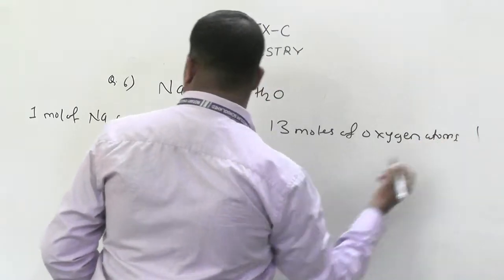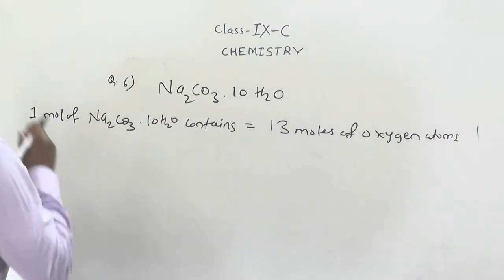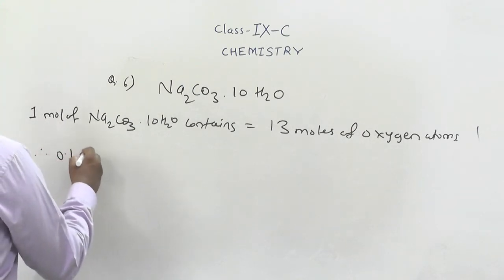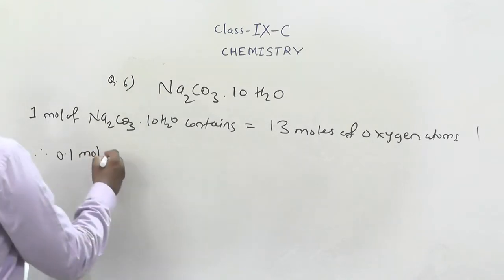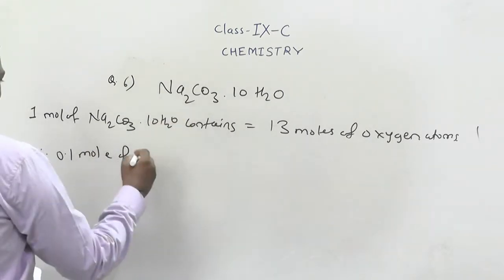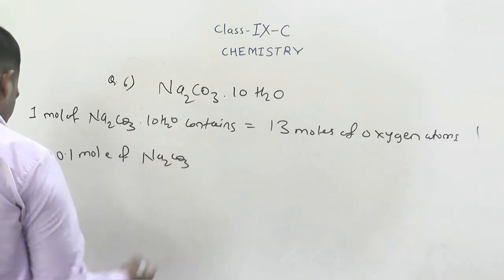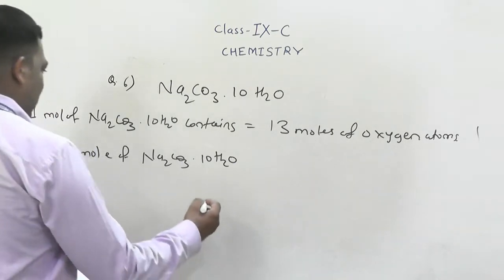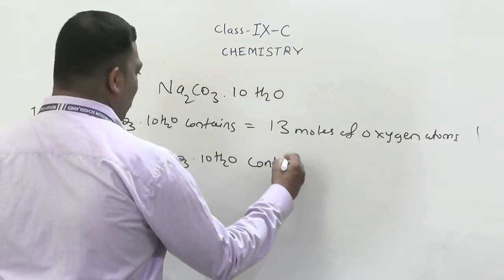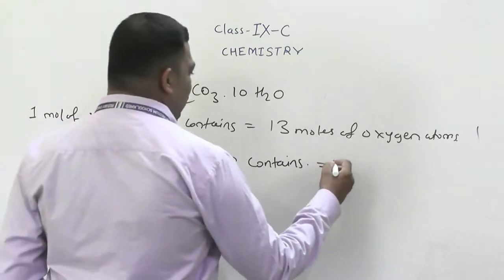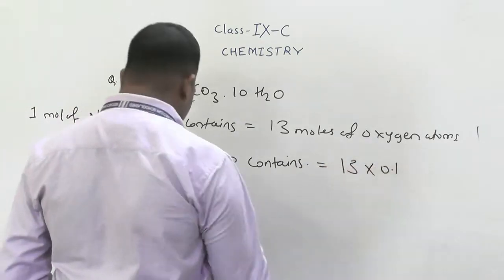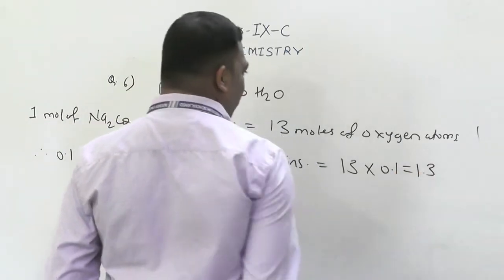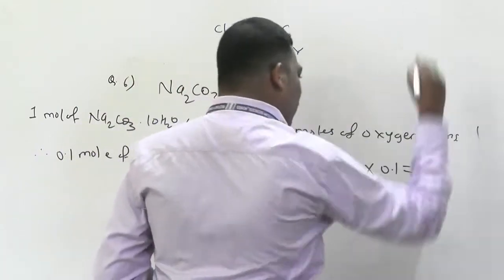Understood? In 1 mole, 13 moles of oxygen atom. So we want to calculate in 0.1 mole: 0.1 mole of Na2CO3·10H2O contains 13 into 0.1, which is 1.3 moles of oxygen atom.